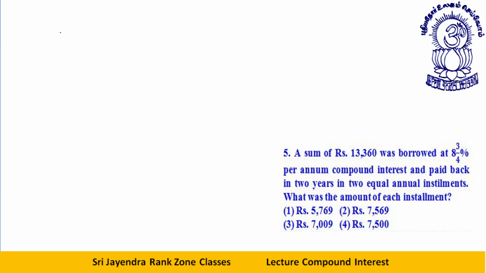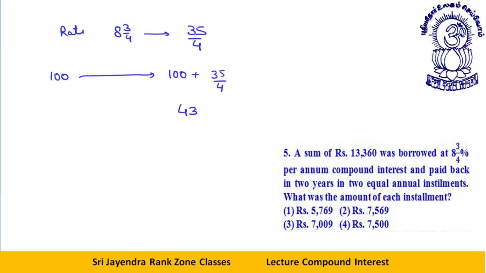Whatever the sum was, the rate is 83 by 4%, that is 32 plus 35 by 4. That is, 100 rupees gets converted into 100 plus 35 by 4, that is 400 plus 35, 435 by 4. Now, what is the ratio?